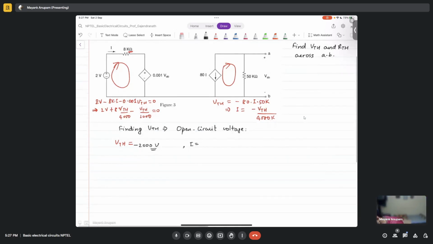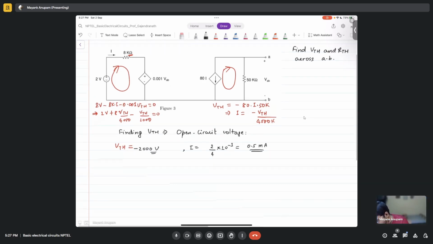I was equal to how much? 2K divided by 4000, right? 2 by 4 into 10 power minus 3, which is 0.5 milliamps. Correct? Right?